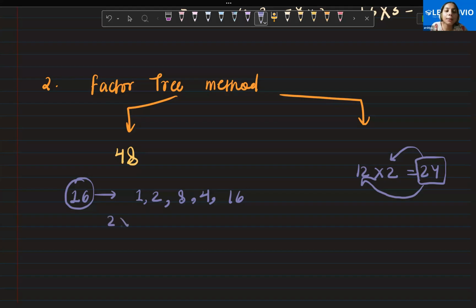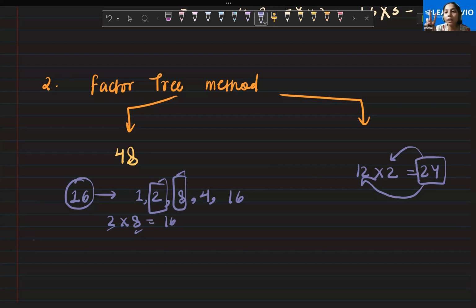If I do 2 multiplied by 8, I will get 16. So that means 8 is a factor of 16, which we can see here, and 2 is also a factor of 16, right? Now, the two numbers I'm multiplying to get 16, what is a pair? Pair is basically 2.